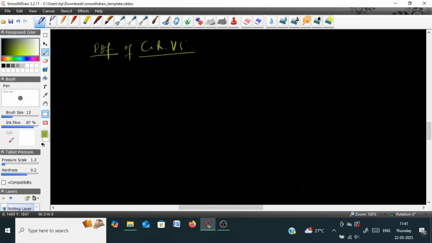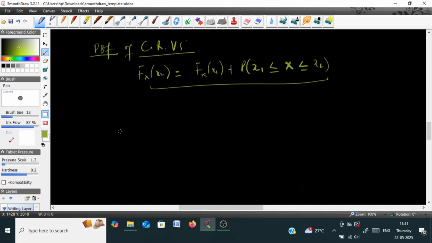We have already seen that equation that F_X of x2 is equal to F_X of x1 plus the probability of x1 less than or equal to X less than or equal to x2. Okay, this we have already seen.